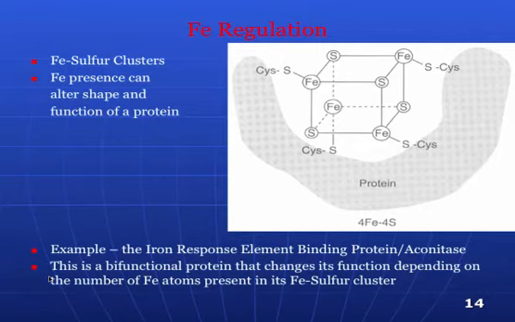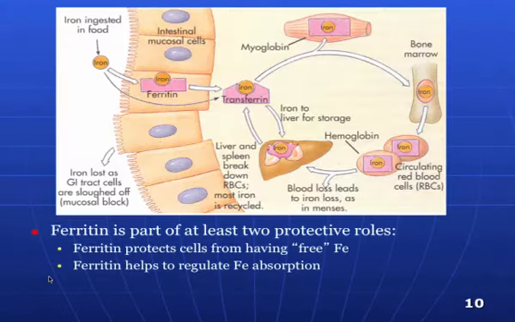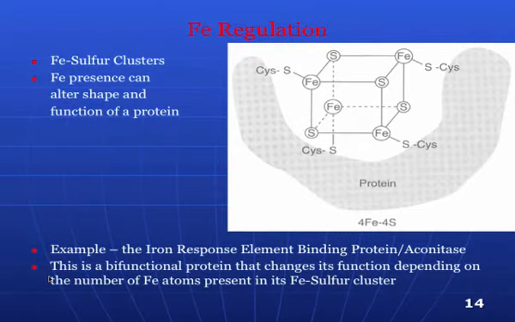Okay, we ended up here last time on iron. As we go through this about iron regulation, I want you to keep in mind a couple concepts that are directly related to this. One of them is that ferritin is one of the main iron storage proteins that we talked about.